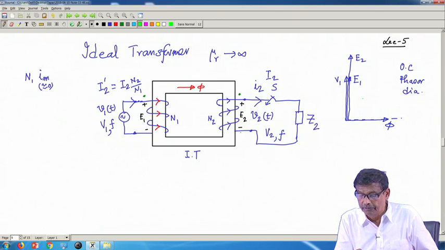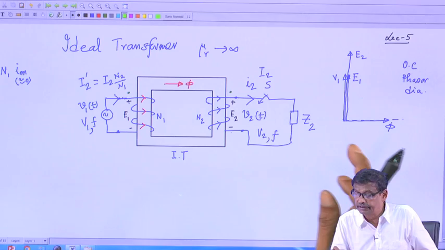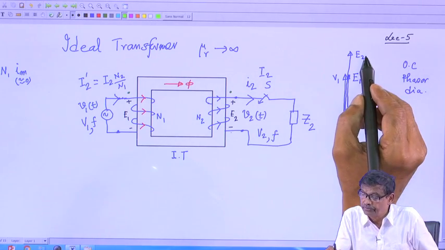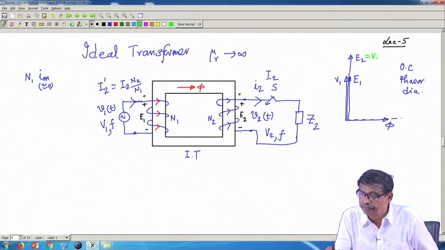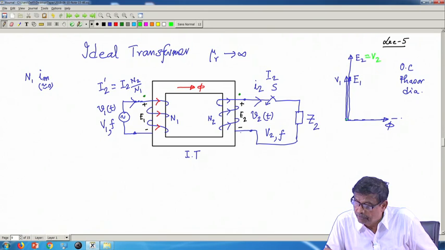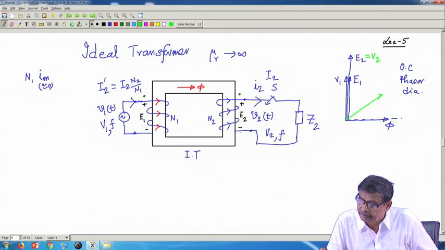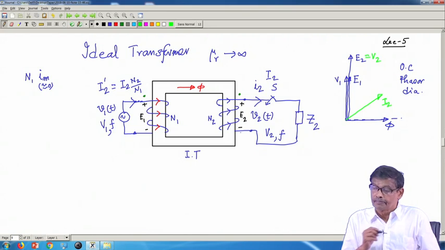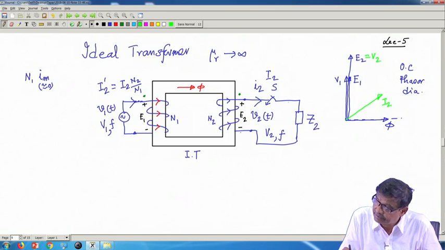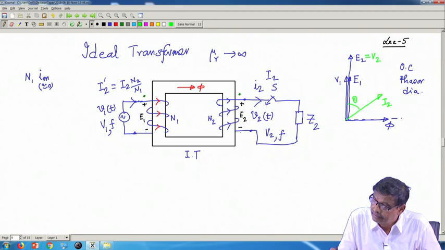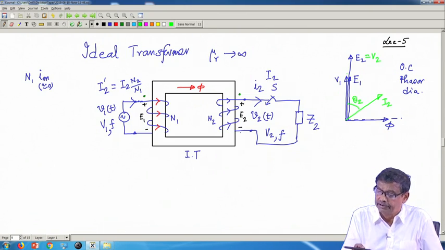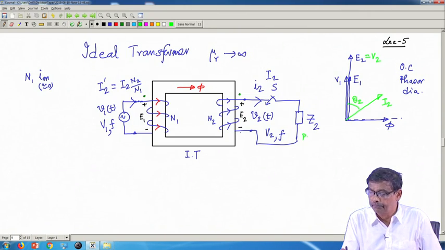The secondary current will be lagging the V2 voltage, mind you, E2 is equal to V2, by the power factor angle of the load. This will be your I2. So, this I2 will lag V2 by the power factor angle of the impedance, which is theta, say.